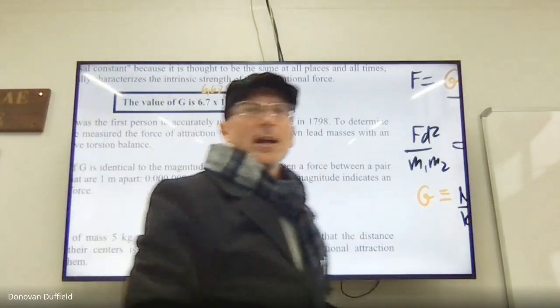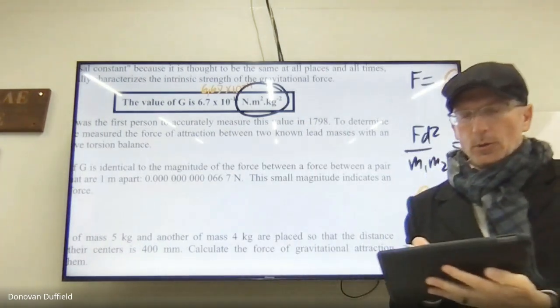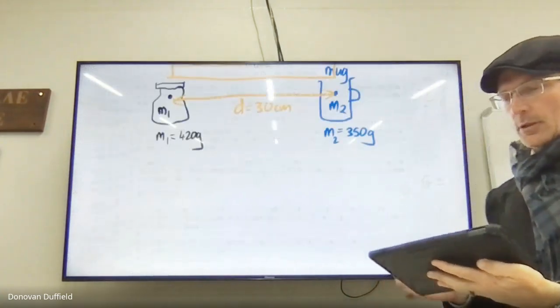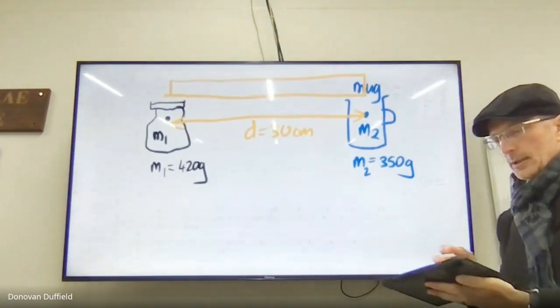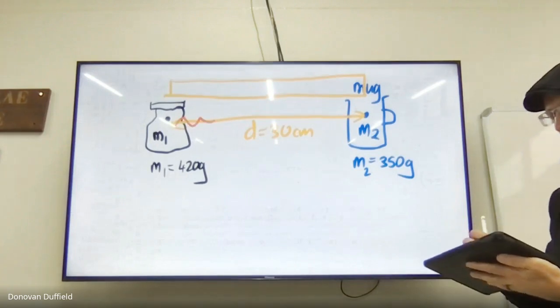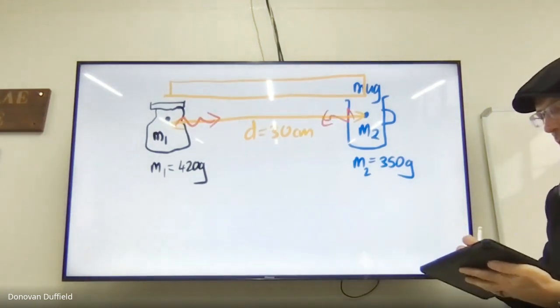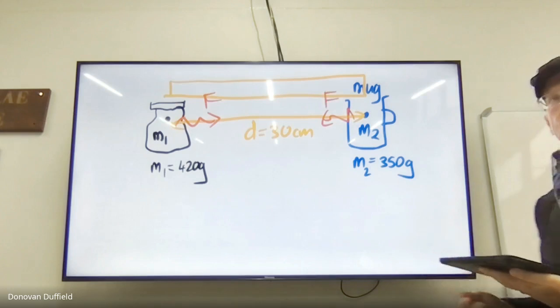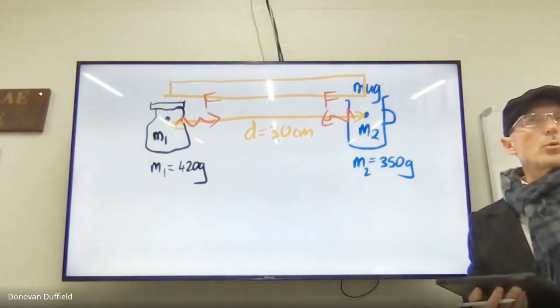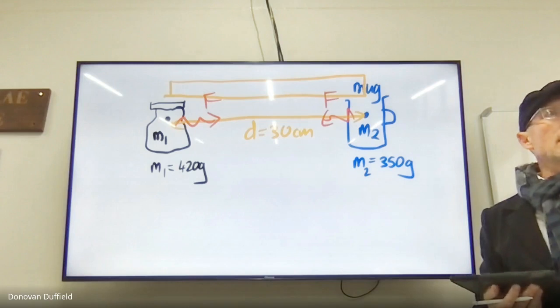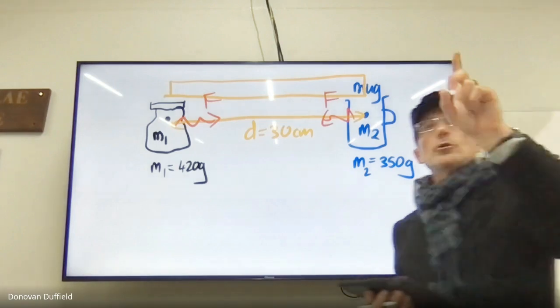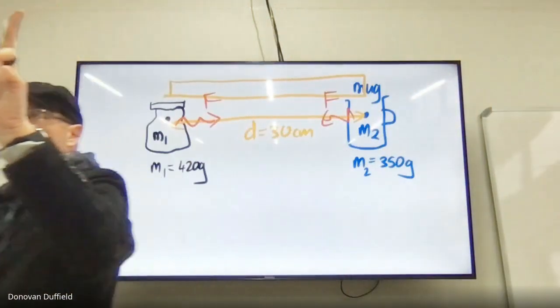Okay. So now, let's go and take a look at our example. What we know is that ultimately, these two are going to attract each other. Have you done Newton's laws yet? You haven't. So you're going to learn about Newton's first law, second law, and third law.